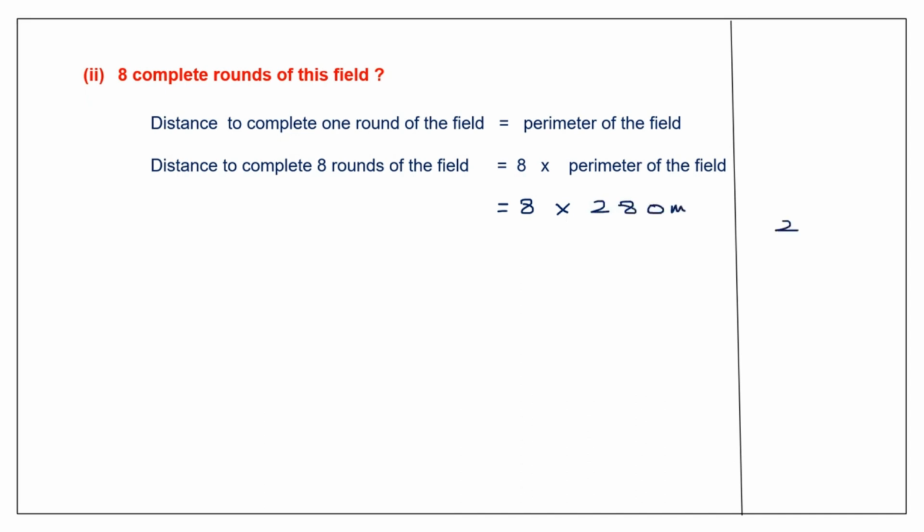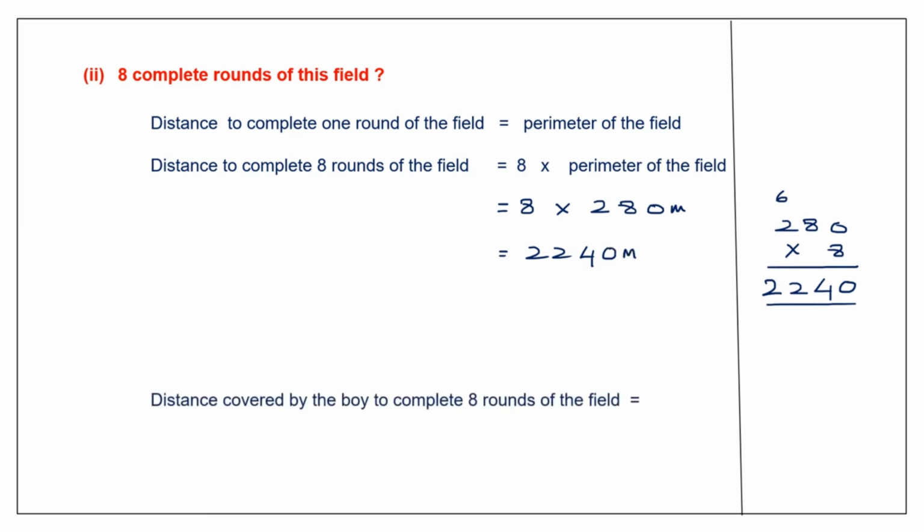So let's multiply 280 into 8. 8 zeros are 0, 8 eights are 64, carry 6, 8 twos are 16, plus 6, 22. 2240 meters. So the distance covered by the boy to complete 8 rounds of the field is 2240 meters. So this is our answer to the second question.